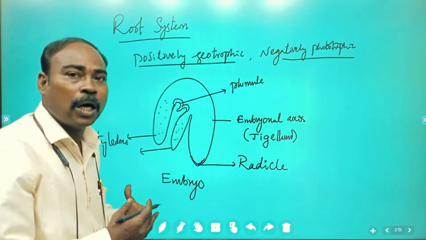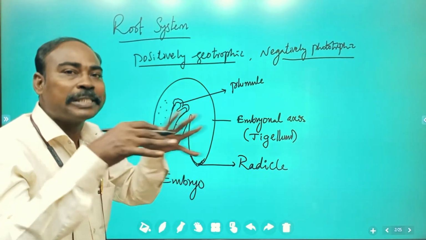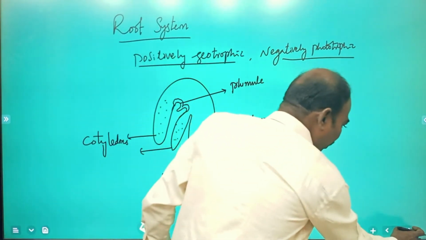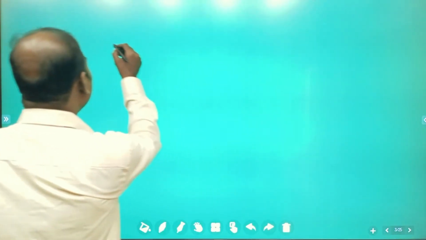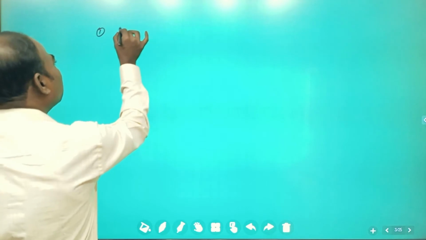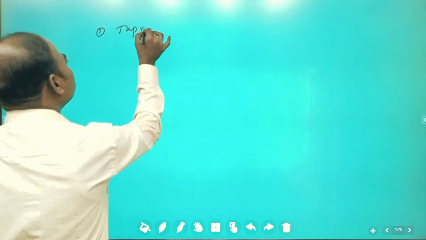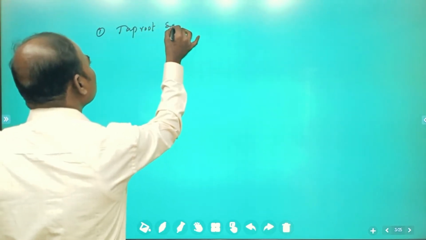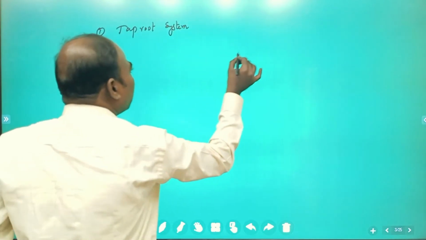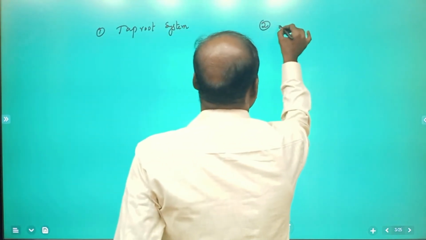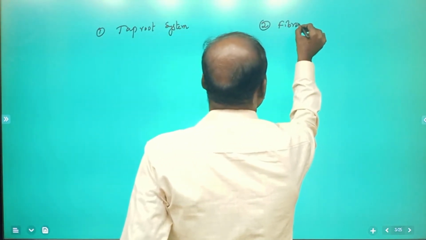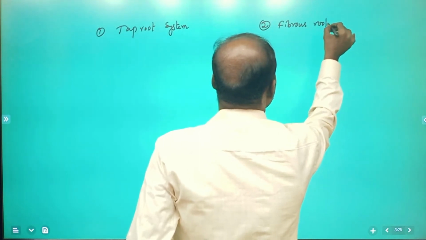Let us see about the types of root systems. One of them is the tap root system, and another one is the fibrous root system.